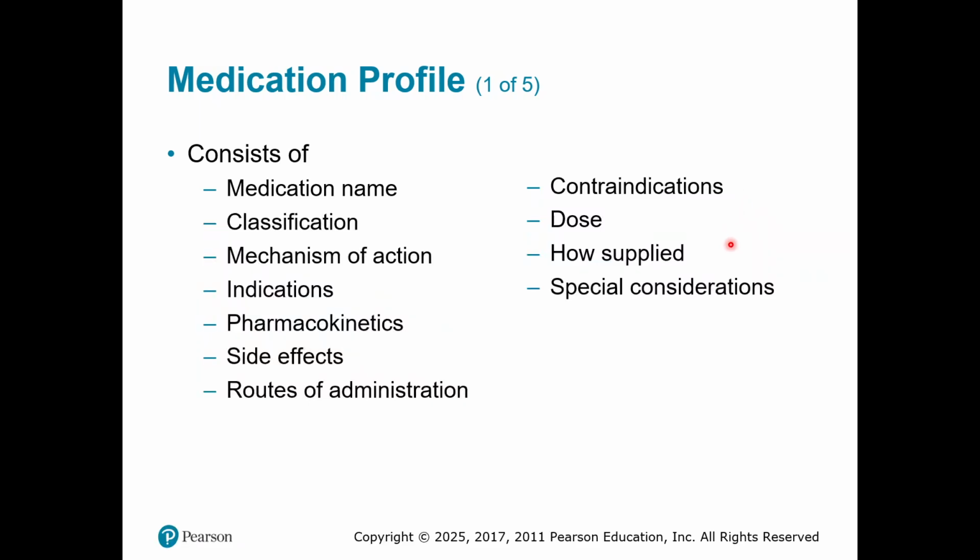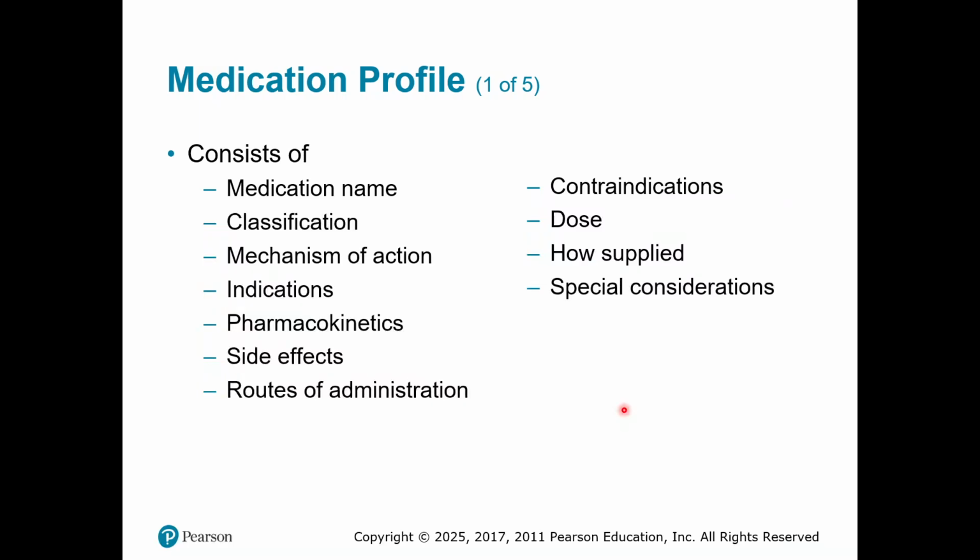Take for instance a clot buster drug, tPA or something like that. A history of a GI bleed is a contraindication to that drug, right?